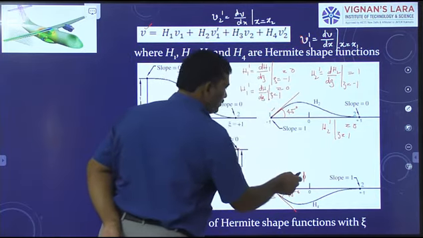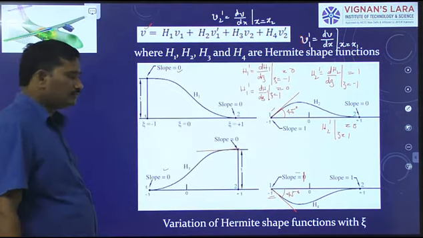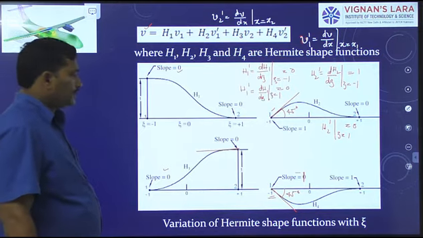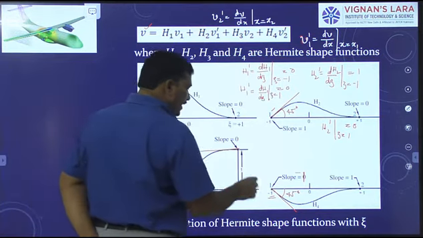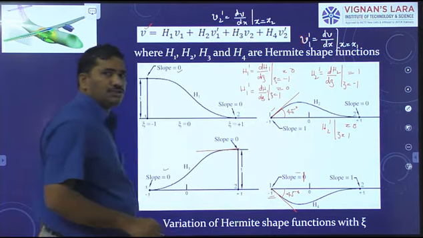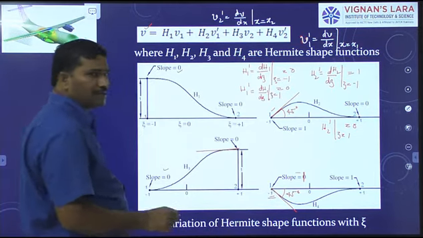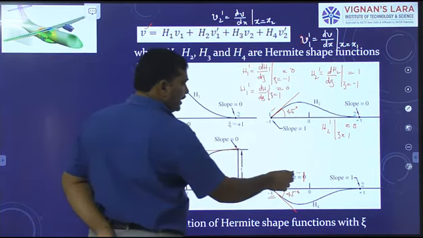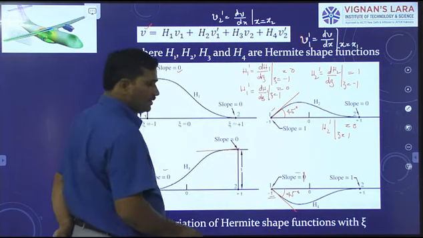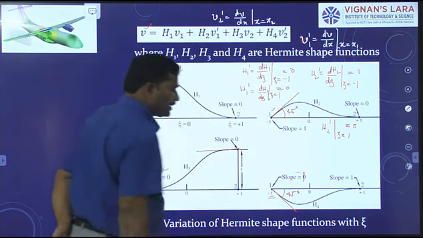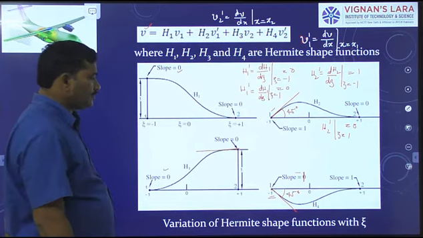It is minus 1, not plus 1. Make the correction. Right? H4 at j equal to minus 1 is 0. H4 dash at j equal to minus 1 is minus 1. Because if you draw a tangent, it makes 45 degrees at node 1.